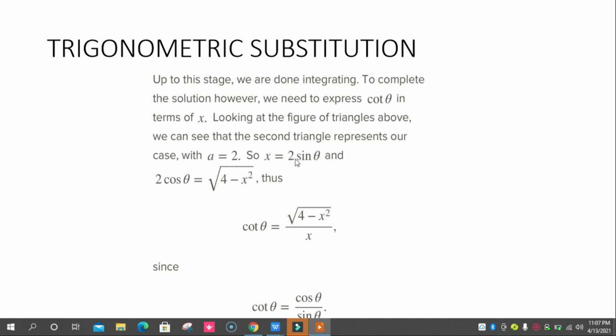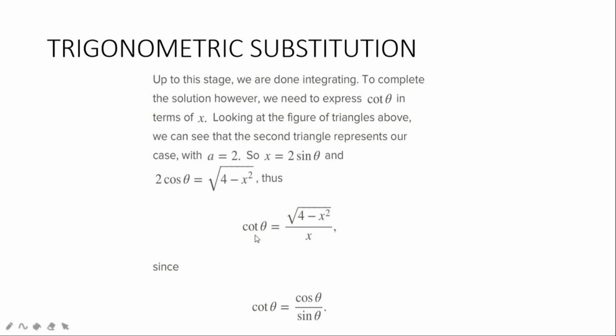So x equals 2 sine theta and 2 cosine theta equals the square root of 4 minus x squared. So it can be written as cotangent theta equals the square root of 4 minus x squared over x. Okay, now we have the value of cotangent theta, which is equal to the square root of 4 minus x squared over x.